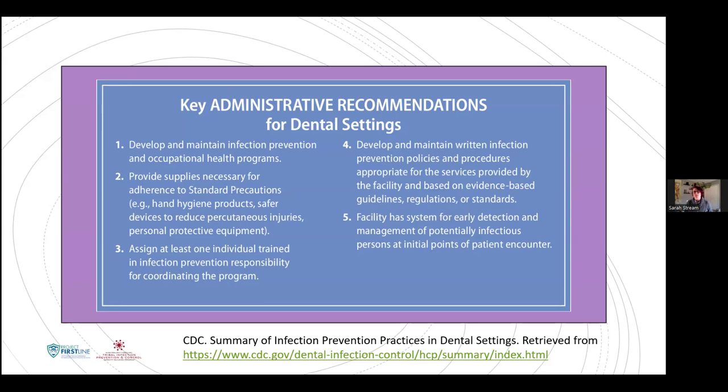The first one is those administrative recommendations. Any effective IPC program has to have an administrative component. This should include things like written policies and processes, and ensuring there's at least one person responsible for the IPC program that's had education in infection prevention and control.